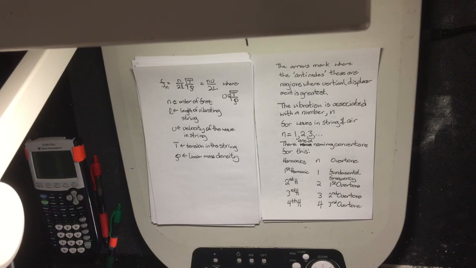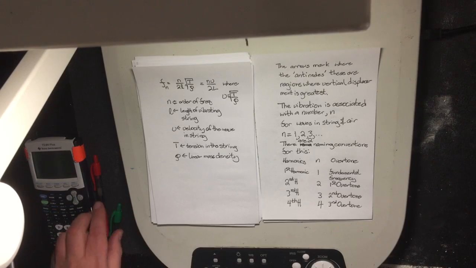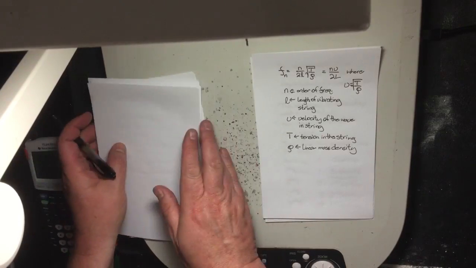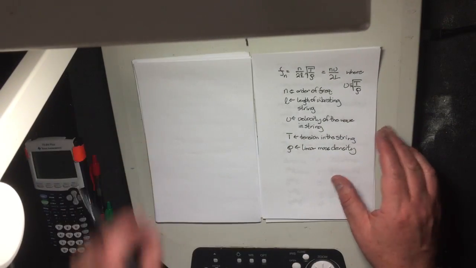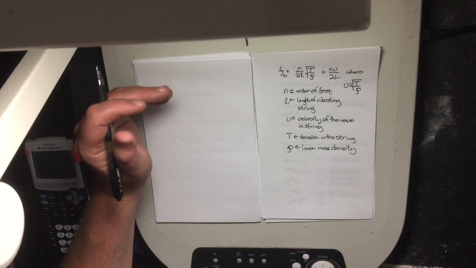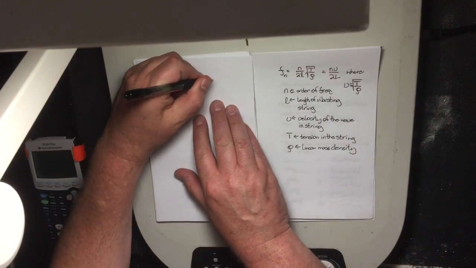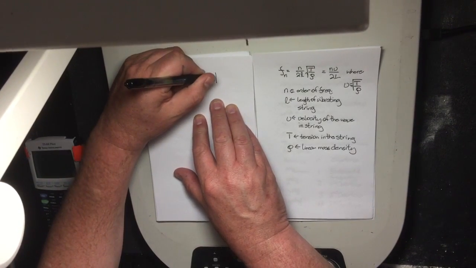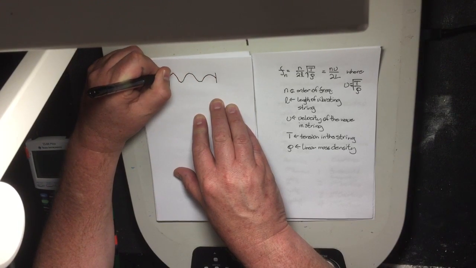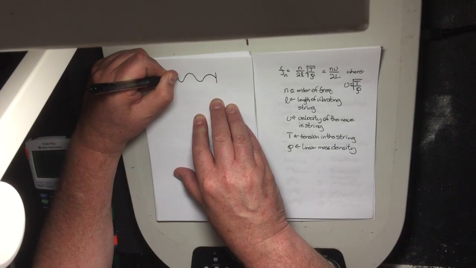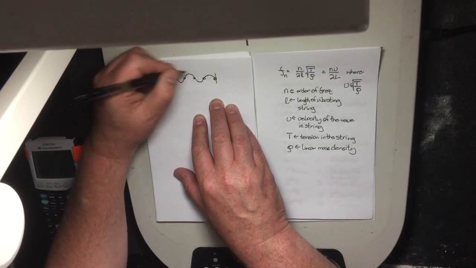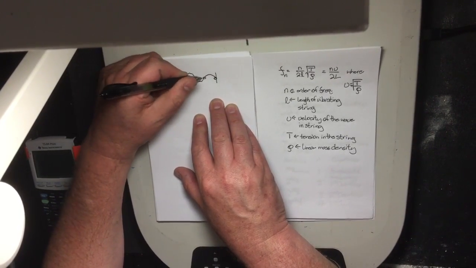So let's do a problem with the string. We'll do the simple one and then we'll make it a touch more complex. So you have a string and it's vibrating in this particular mode. The horizontal is not to scale, but these are the nodes that we have.